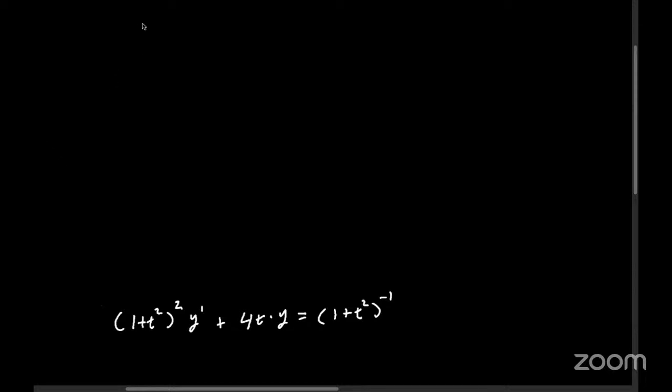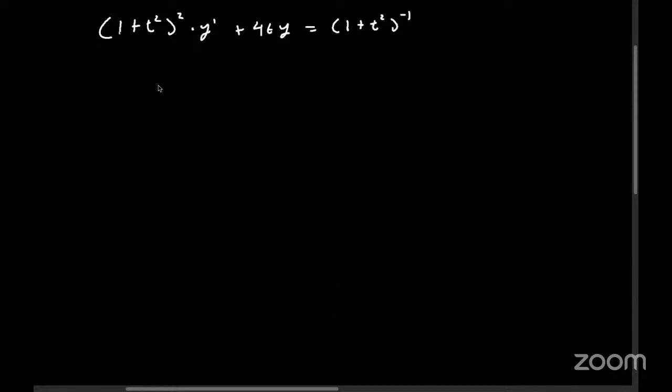Okay, so where are we at? We're at 1 plus t squared, squared y prime plus 4t y equals 1 plus t squared to the negative first.